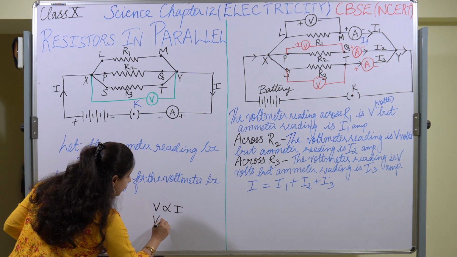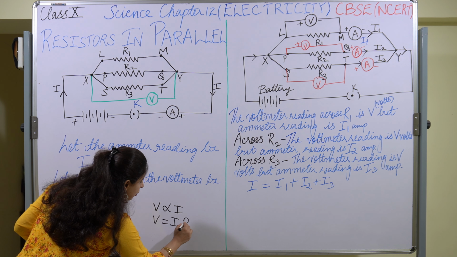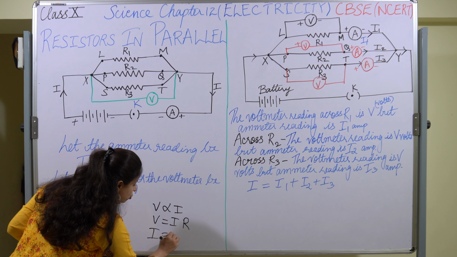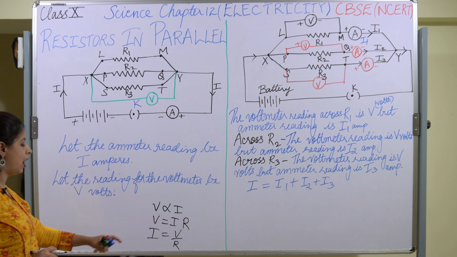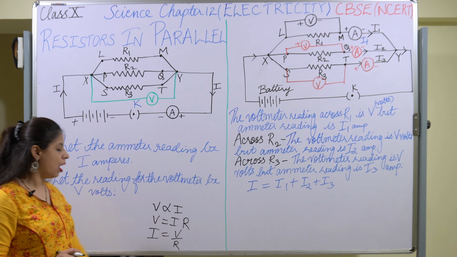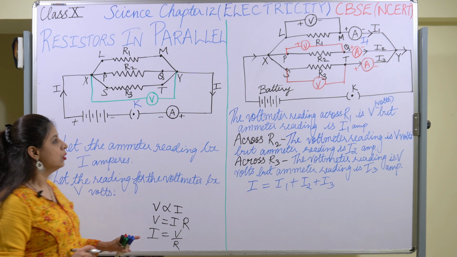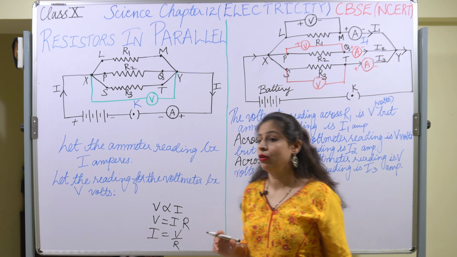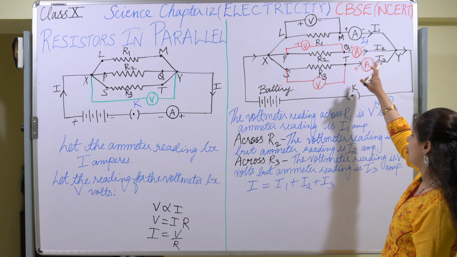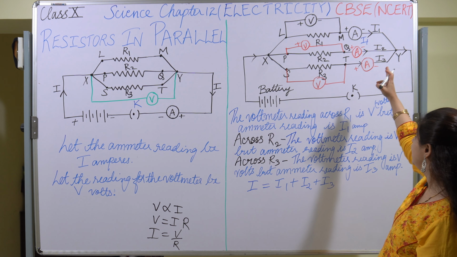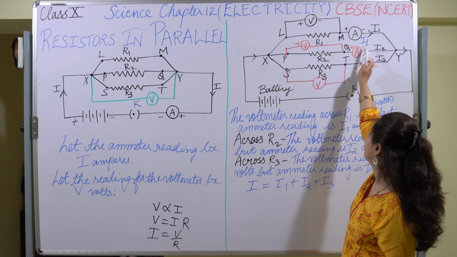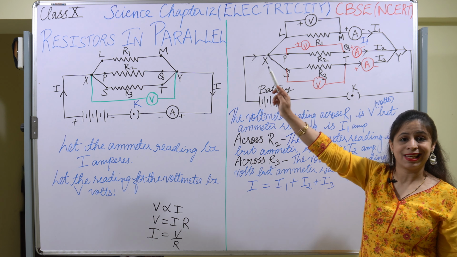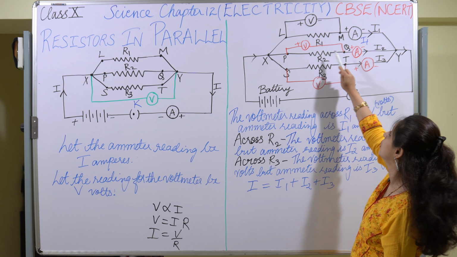We already know that by Ohm's law, V is directly proportional to I, V is equal to IR, and I is equal to V upon R. So for I1 the value will be equal to V upon R1, because I1 is the current when the ammeter is connected in series with R1.